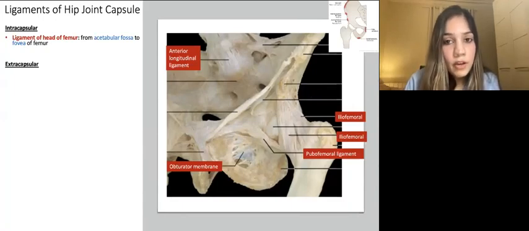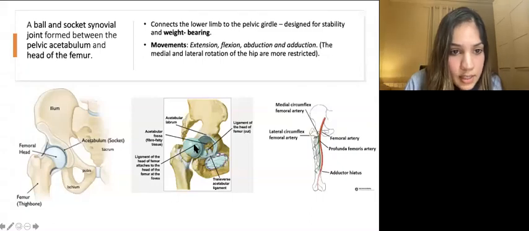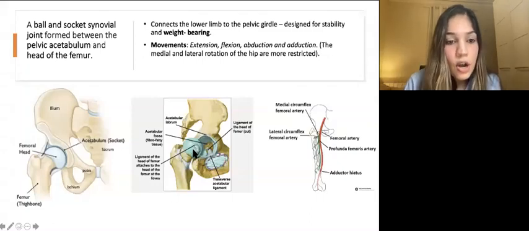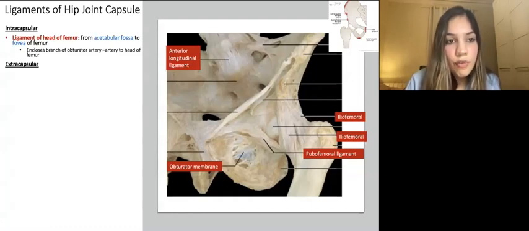The fovea of the femur is a depression in the femur where this ligament arises, and around the area is a branch of one of the arteries, the obturator artery.